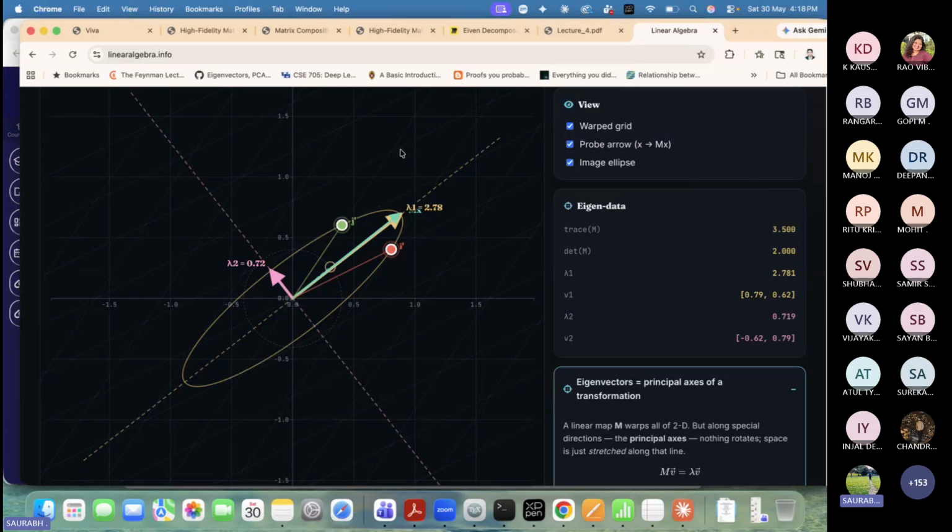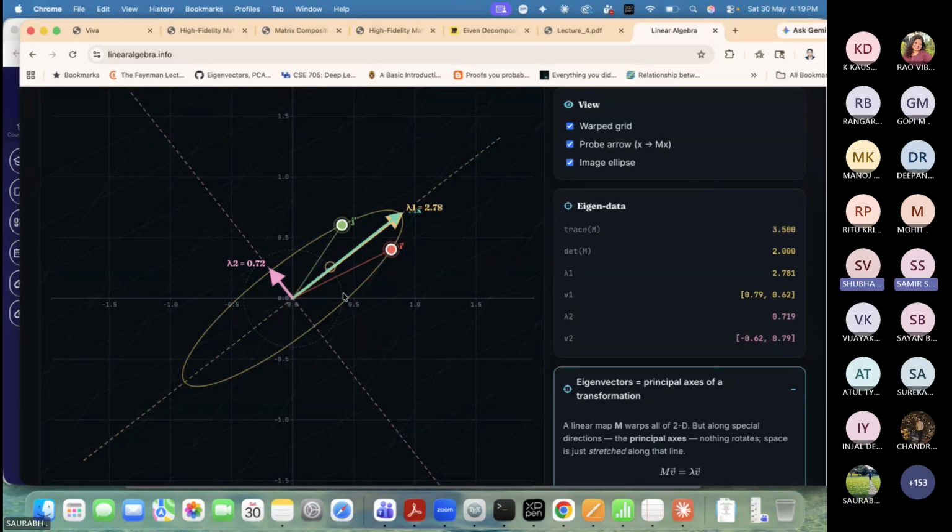For example, if any vector on this pink line becomes zero after being multiplied by the matrix, then this entire set of vectors on the pink line would be the null space line. Right now, all the vectors on the yellow and pink lines are eigenvectors because they are not changing their axis while the transformation is happening. So those are the eigenspaces, the two eigenspaces right now for our two-dimensional matrix A.